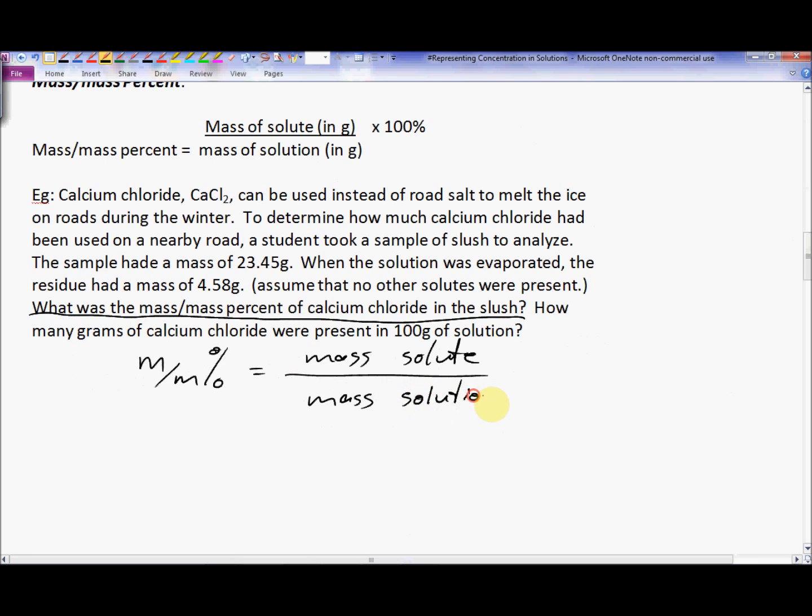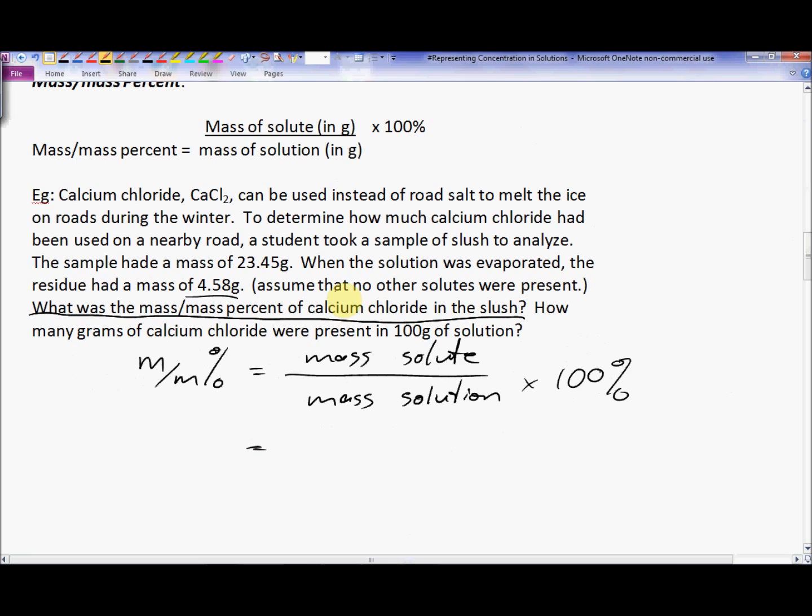Okay, not mass of solvent, times 100%. Okay, so the mass of solute in this case was the residue when all the solvent was evaporated away. So that's going to be our 4.58 grams. That's the calcium chloride residue.